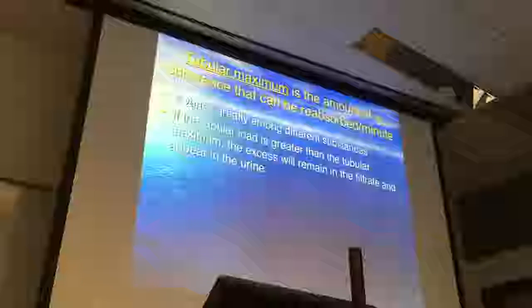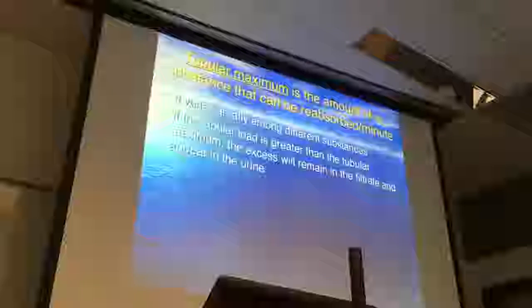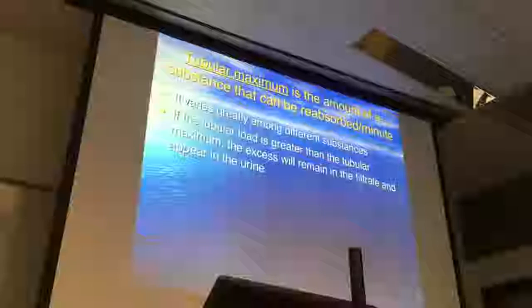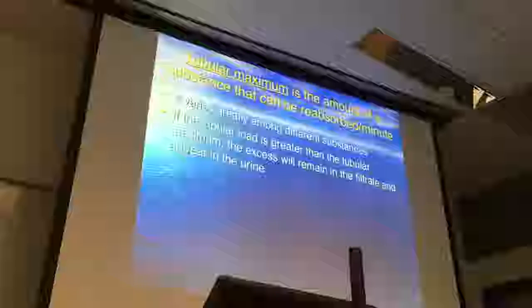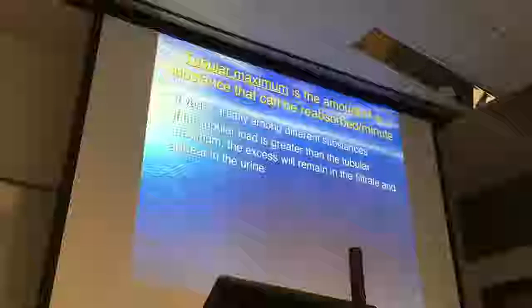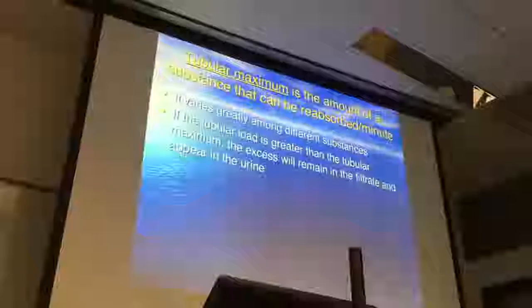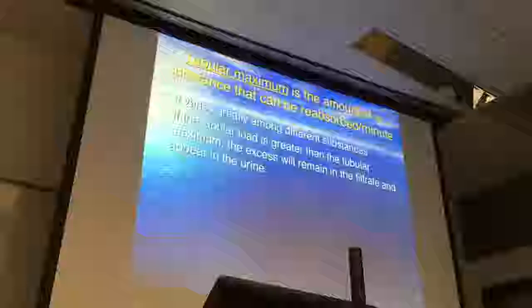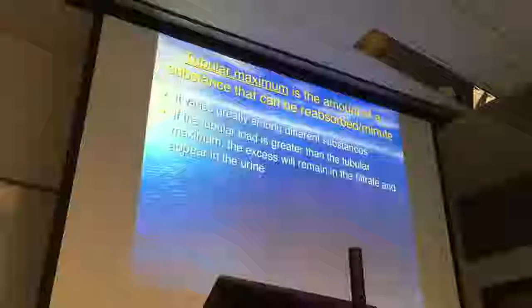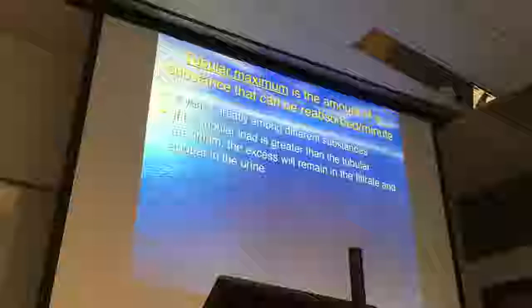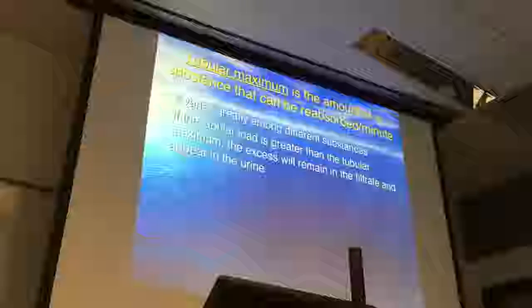So, for example, for glucose, I believe the tubular maximum is 180 milligrams per 100 milliliters, okay? Let's say your plasma concentration is 120. You've just had a meal and it's gone up to 120.